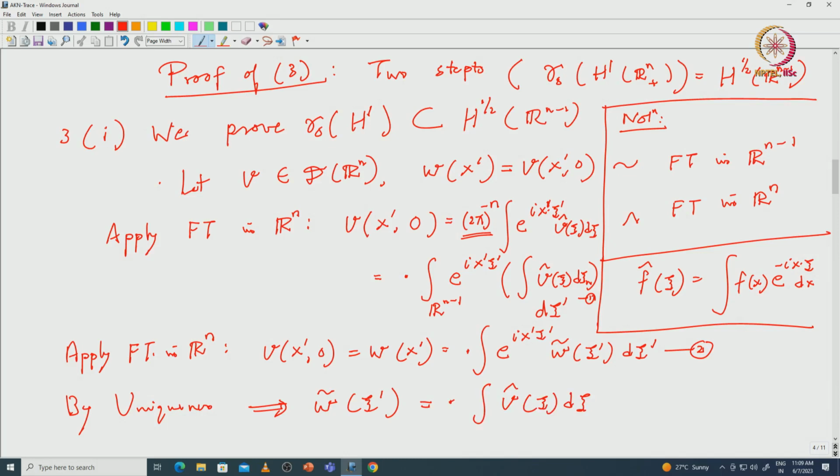So, you see, you take the n-dimensional Fourier transform and integrate; these have nothing to do with distribution theory actually. Now, what we have to show? We have to show that W tilde is in H half of Rn minus 1.